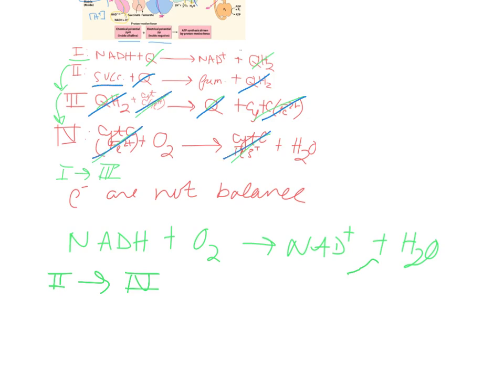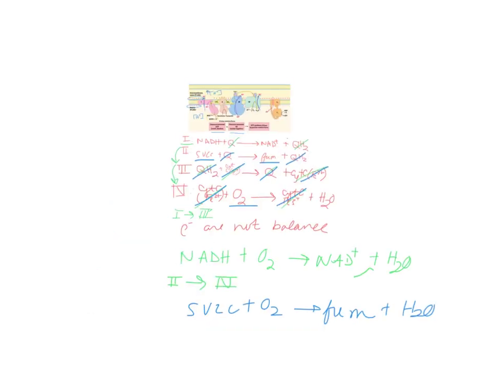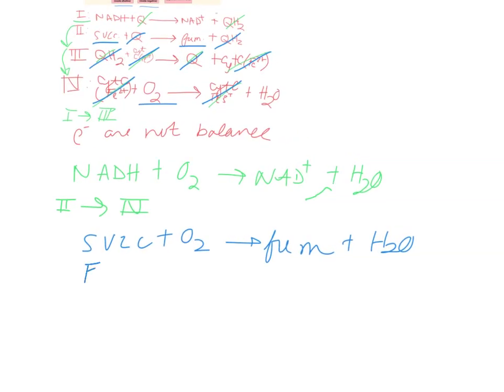And again, what you'll see is that overall, you'll have succinate to fumarate, which passes electrons to oxygen, plus water. The other way to think about this is really FADH2 to FAD.